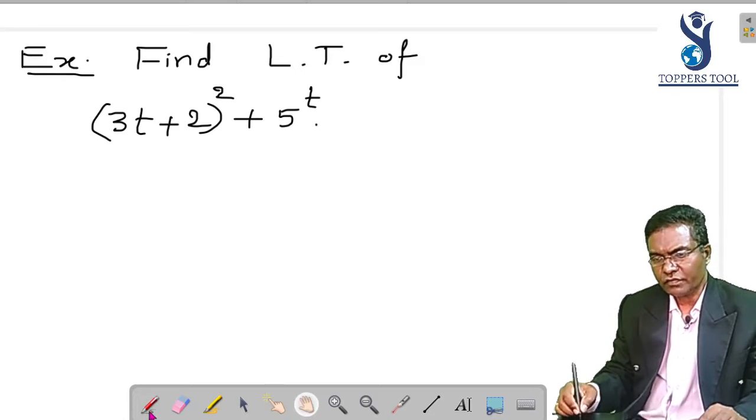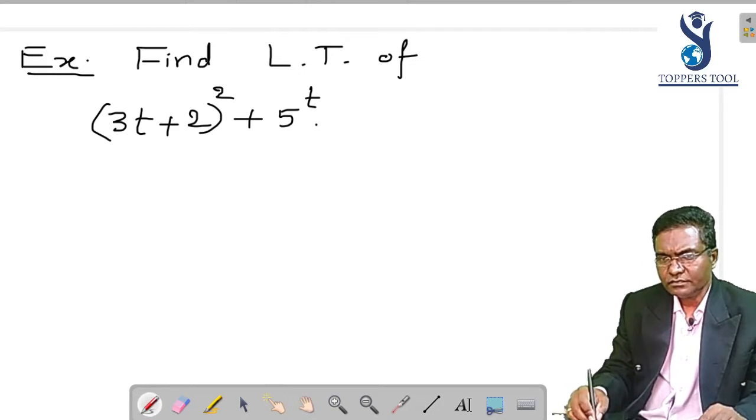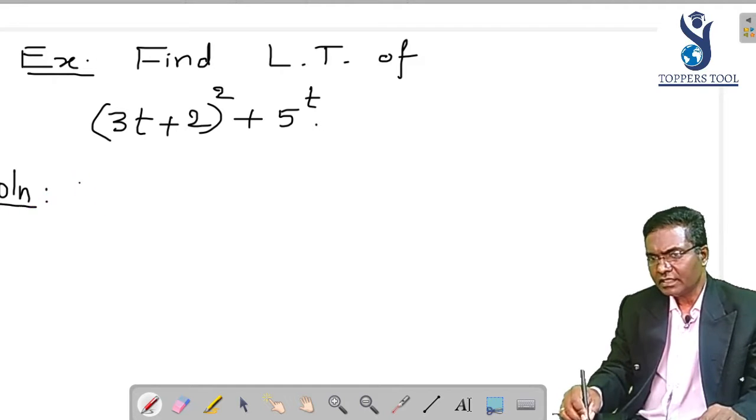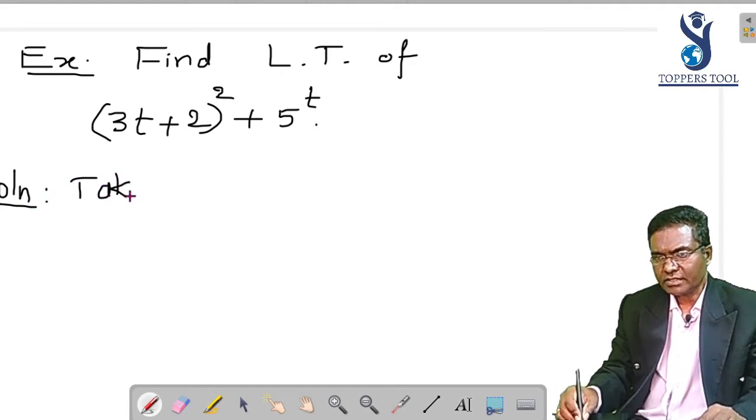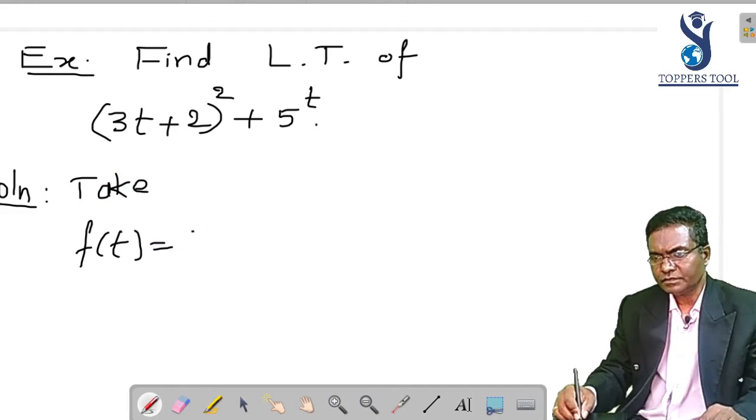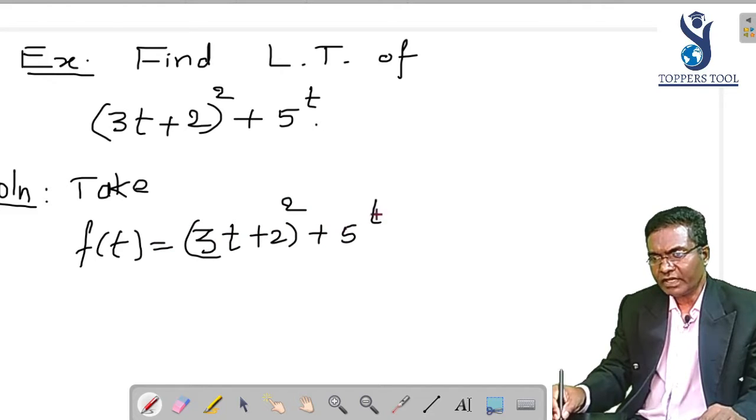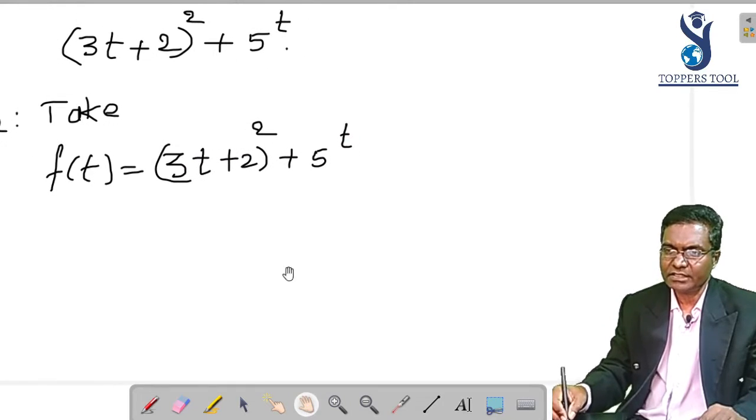Okay, so first you need to expand it, otherwise it's going to be a tough one. So better you take f of t is equal to (3t + 2) whole square plus 5 power t.